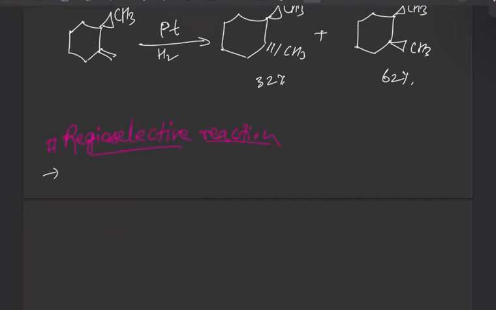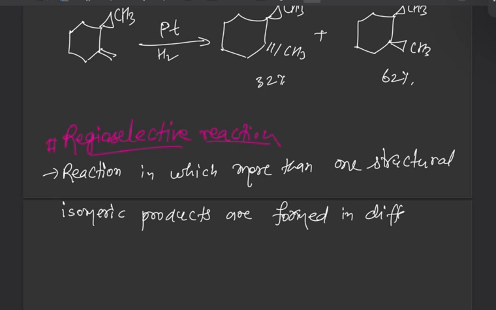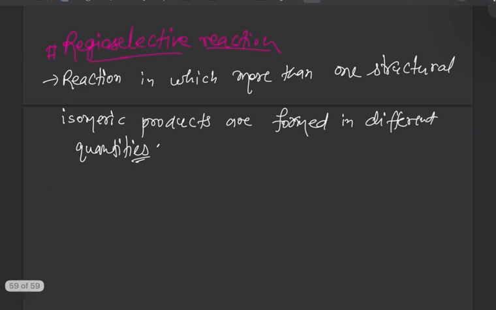A regioselective reaction is a reaction in which more than one structural isomeric product is formed in different quantities. So this type of reaction will be known as a regioselective reaction.